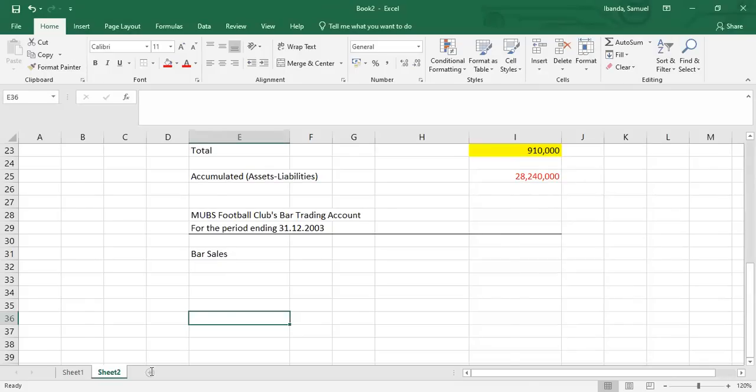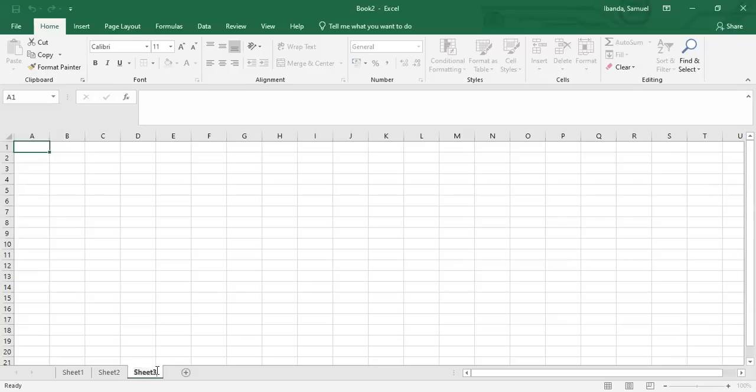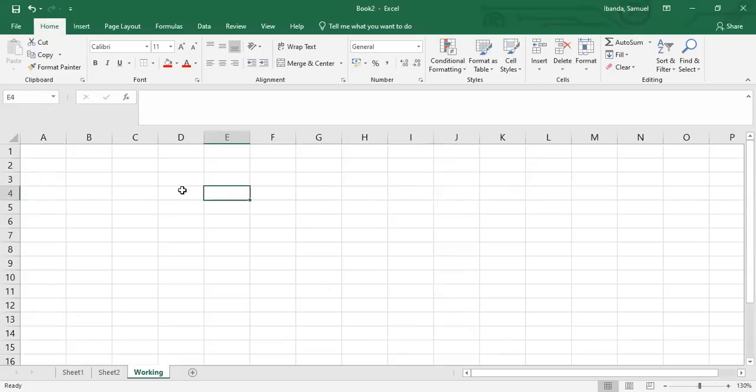So I'll have just a tab for working here. I'll call this my working. So I'm going to draw up what I'm going to call my debtors account. And remember, it is the one that's going to help me determine my sales, okay?